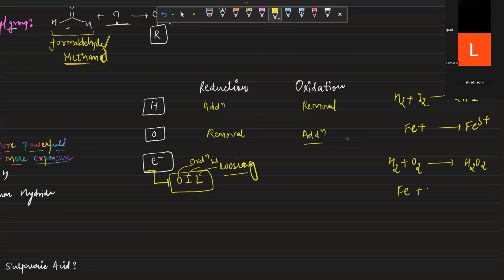Fe plus O2 gives Fe2O3. Cl converting into Cl minus. Let's start with the first reaction. You need to identify whether the given reaction is a reduction or oxidation reaction.